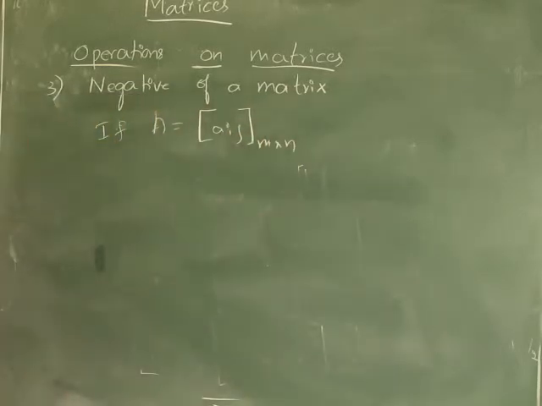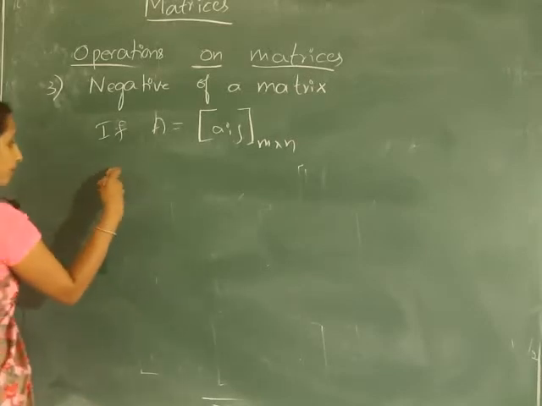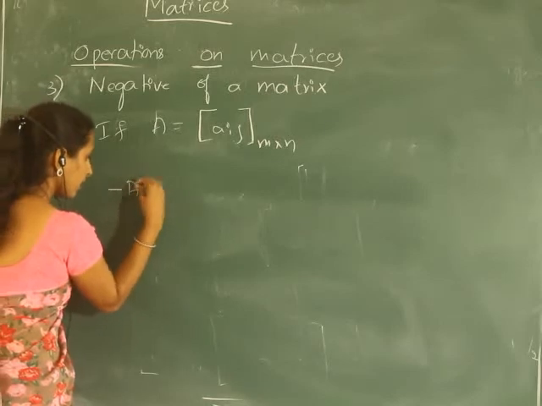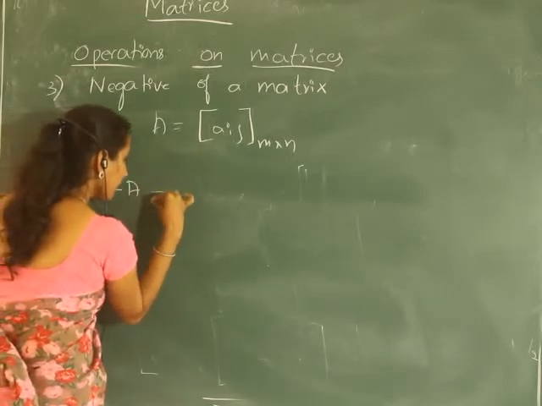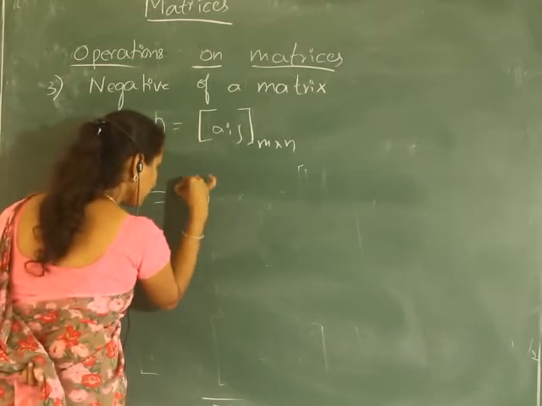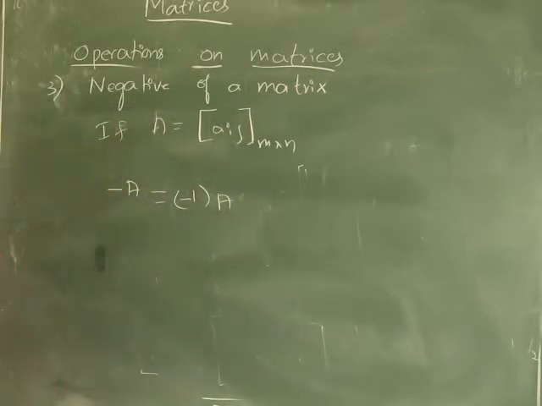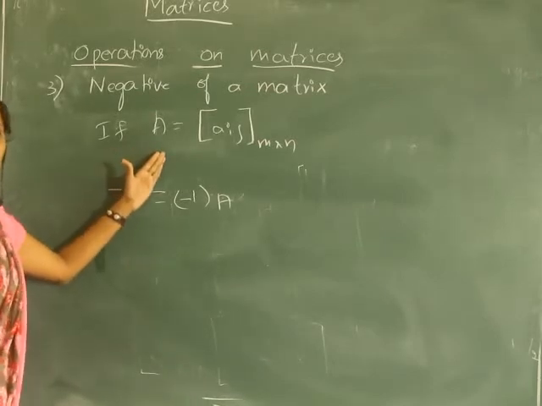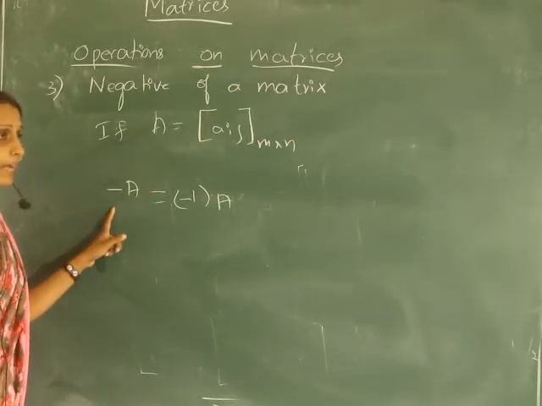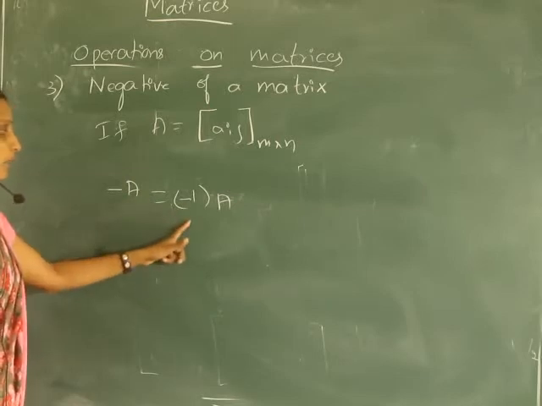If A is any matrix of order m by n, A equal to the matrix Aij of order m by n, then the negative of that matrix, that is minus A, is obtained by multiplying minus 1 to A.